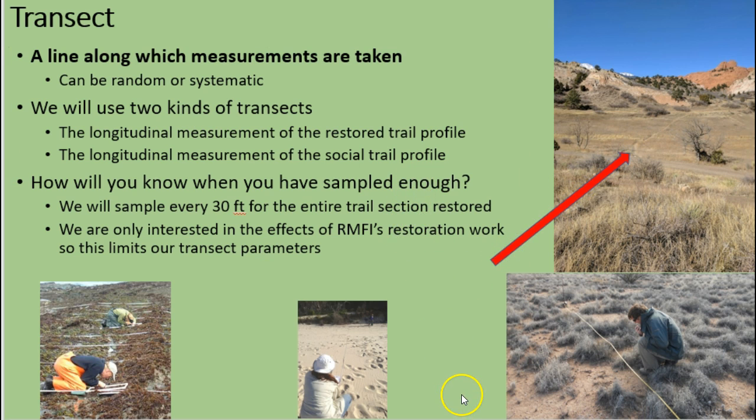We are going to sample every 30 feet for the entire trail section restored. So in the context of vegetative cover, we're going to lay the quadrat down every 30 feet for the entire trail section restored. We are only interested in the effects of RMFI's restoration work, so this limits our transect parameters.